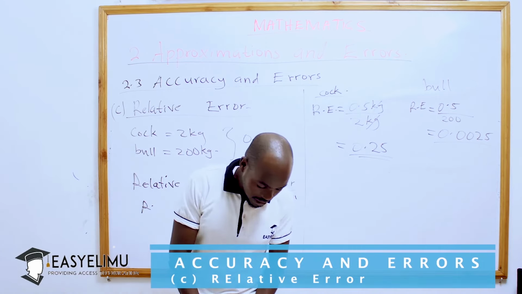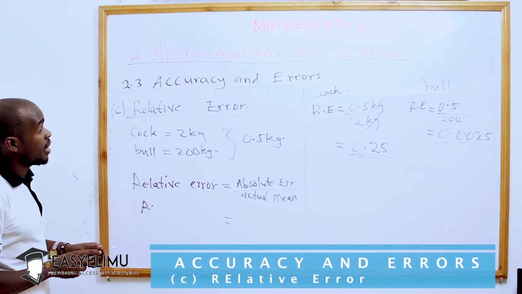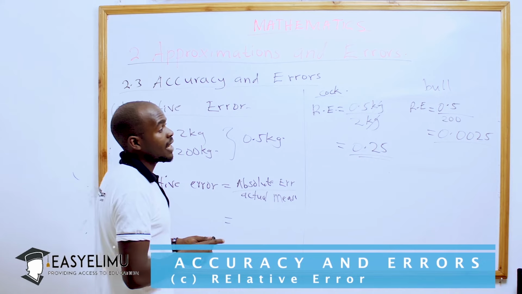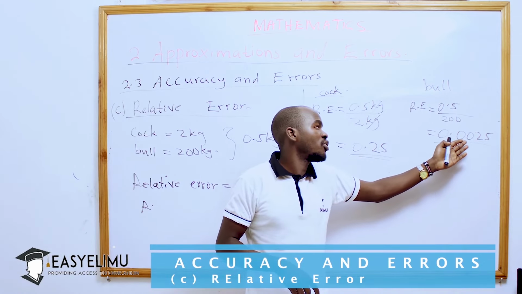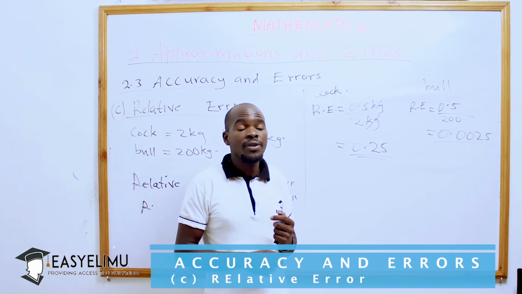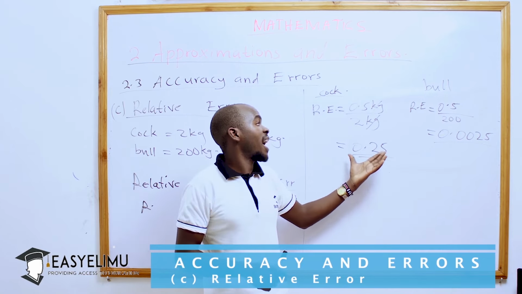So we can state that the relative error calculated for the cock is greater compared to that of the bull, because this one is too minimal, 0.0025, and this one is 0.25. So if it is a loss, it may be much greater when using a larger scale.